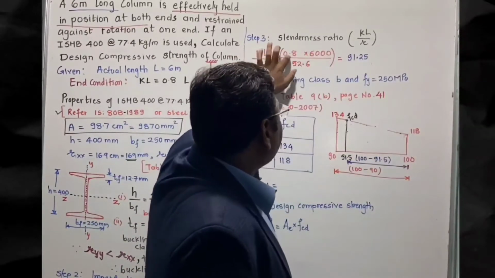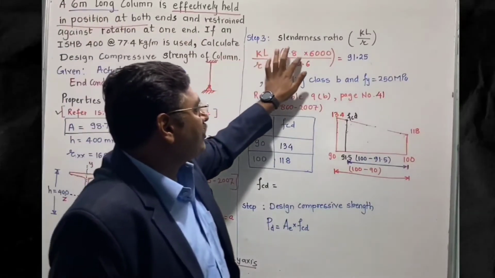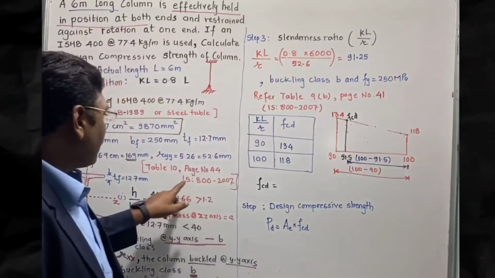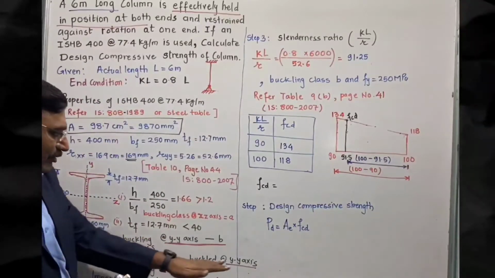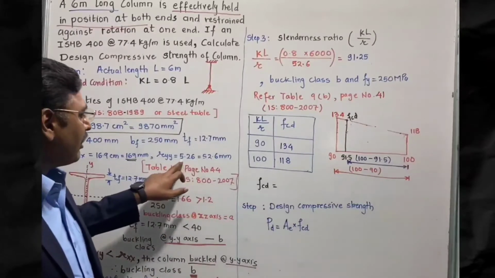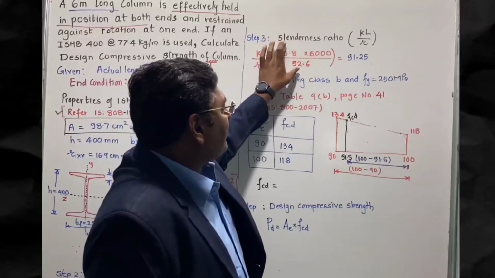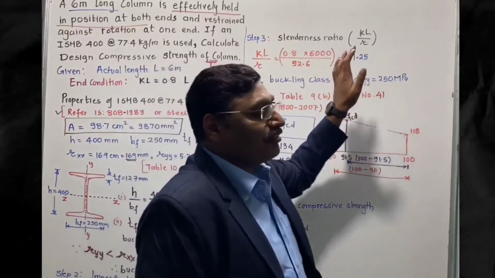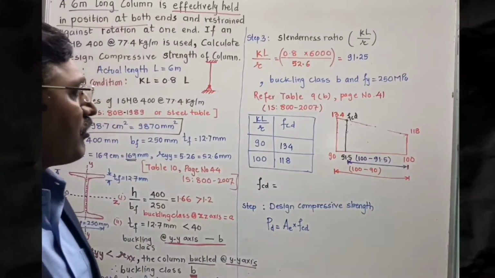So 0.8 into length of the column, which is 6 meters, upon RYY, that is the minimum radius of gyration, because our column is buckling about the y-axis. So we'll take the radius of gyration about YY, that is 52.6. Substituting this value and calculating, we get 91.25 as your slenderness ratio.